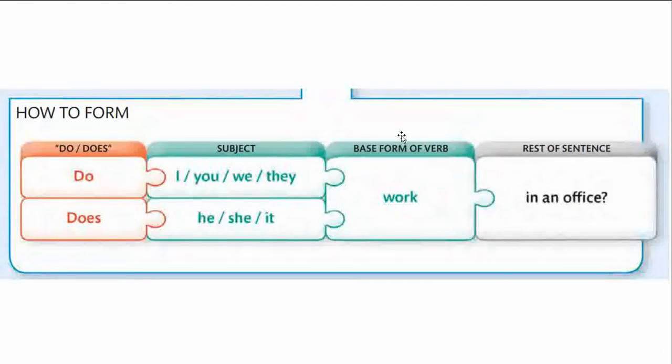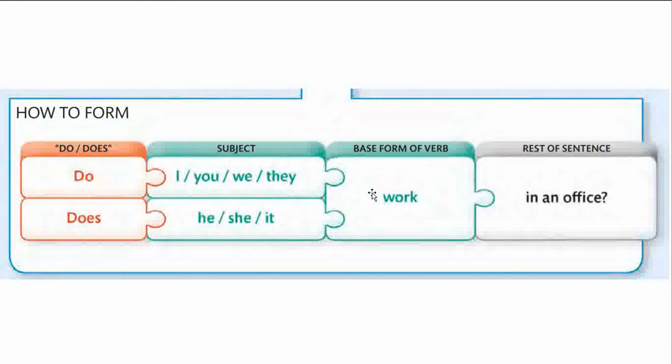Now let us analyze whether our constructed sentences are right or not. Let us see. Do or does is in the beginning. The subject is next. The base form of the verb is after that. And then the remaining part of the sentence. Do I work in an office? Do you work in an office?